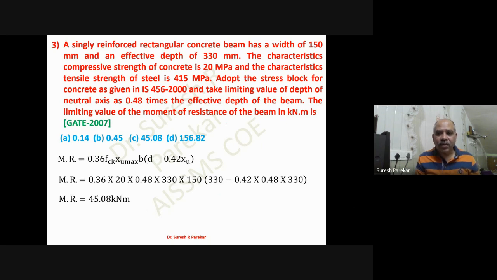When we have to find the limiting value, it means my section is a balanced section. And then for XU max, steel is given as 415, so XU max will be 0.48D, and this will be my MU limit, meaning the maximum value of moment of resistance for the given section. So the answer is C.